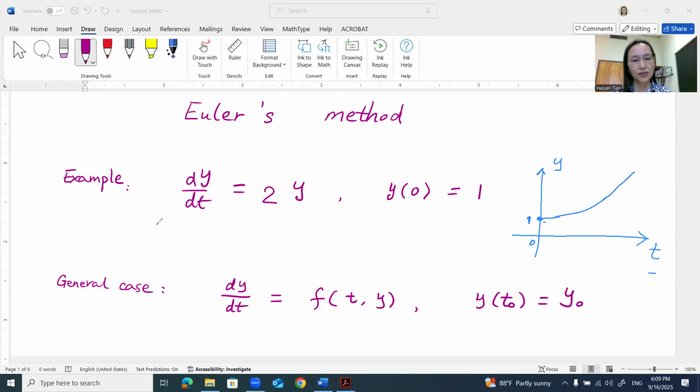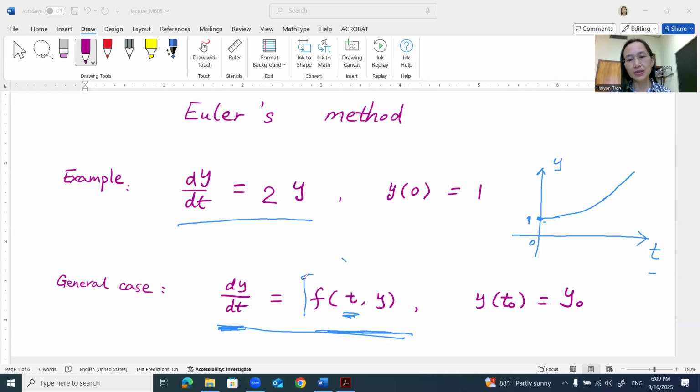And if we write a more general case, you see this equation can be written in a general case as a differential equation of y. So this is the derivative on one side, and one expression that depends on y or t on the other side.